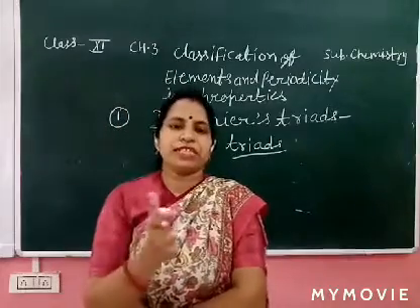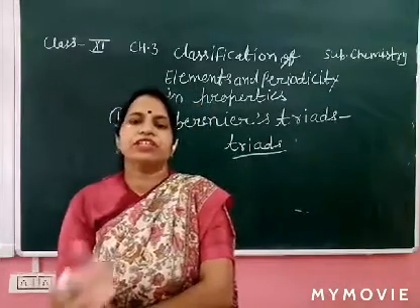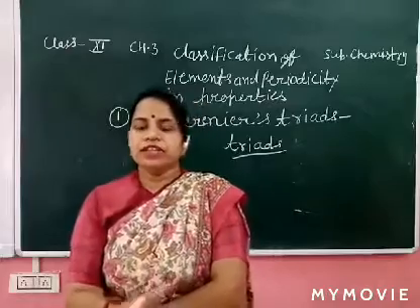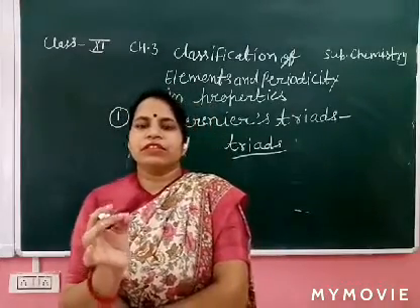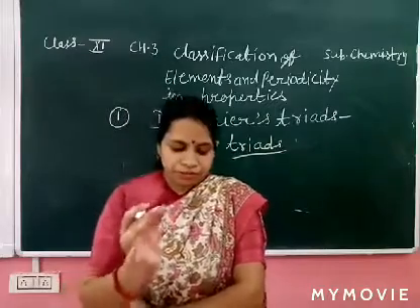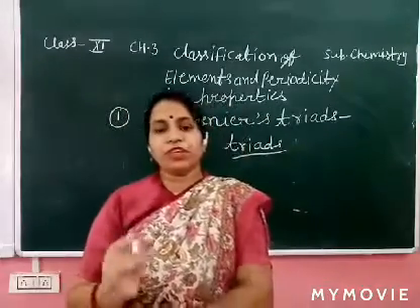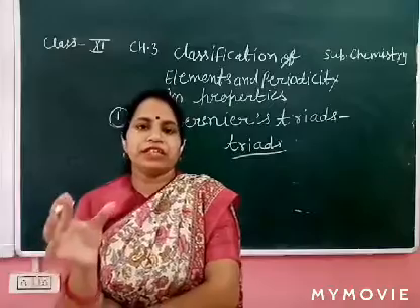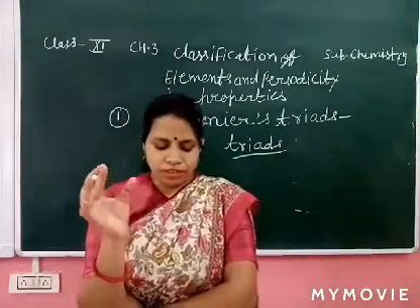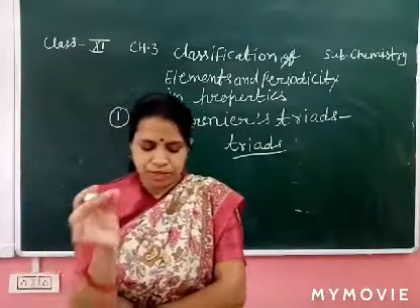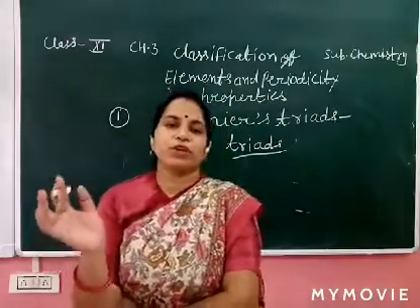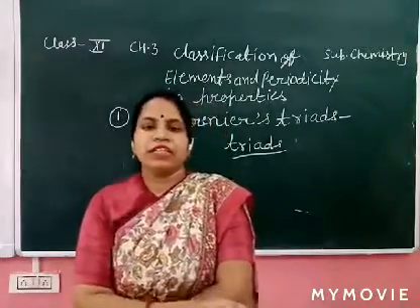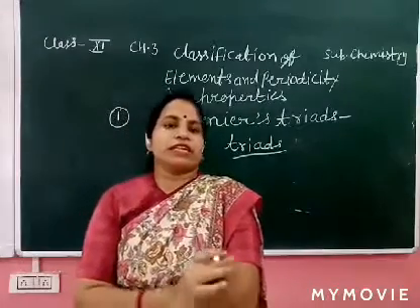When elements are arranged in a triad in increasing order of atomic weight, the atomic weight of the middle element is the average of the atomic weights of the other two elements. This is called the Dobereiner triad.